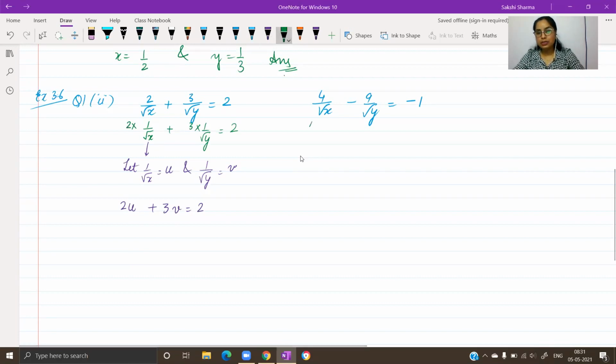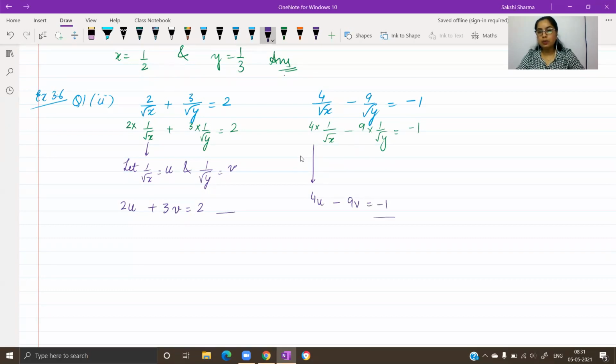The second equation, it is 4 times 1 over under root x minus 9 times 1 over under root y equals to -1. Replace your fractional part with the new variables. So your equation gets converted into 4u minus 9v equals to -1.